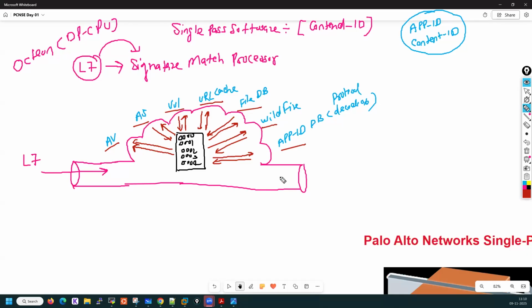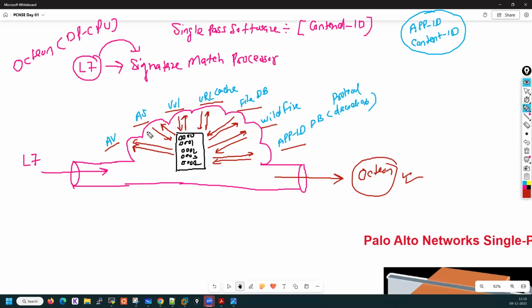And whatever verdict I get for these checks, like if a virus is detected, it will inform the same verdict to the Octeon chip, like malware is detected or spyware is detected, or this is the URL database. It will inform the Octeon chip right away, and the Octeon chip will do the necessary action.